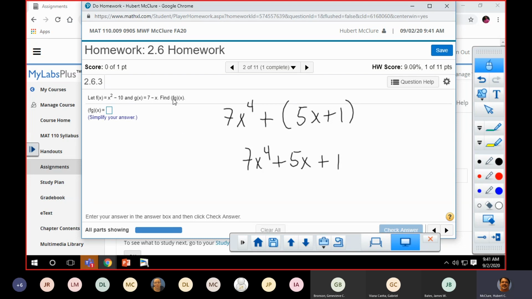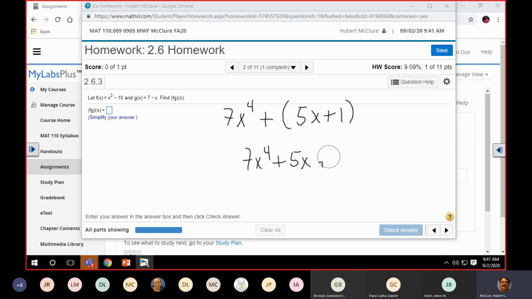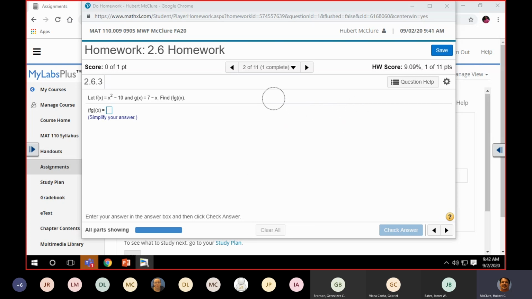All right, that's F times G. If they're mashed together like that, that's F times G. So you would use your FOIL method, and let's do that one because they've got it turned backwards. So turn that 7 minus x the way it's supposed to be: negative x plus 7.